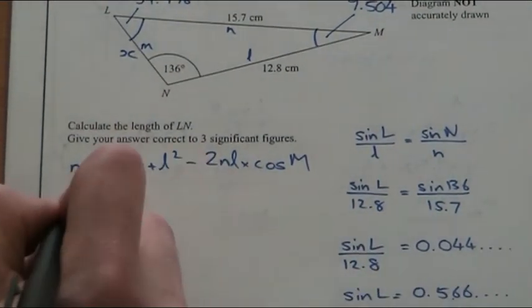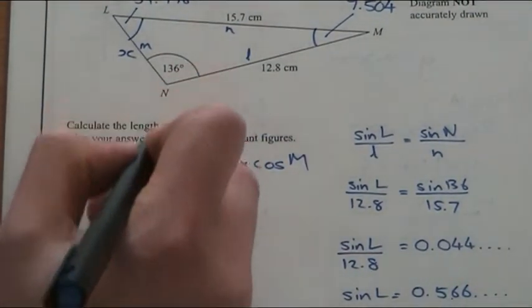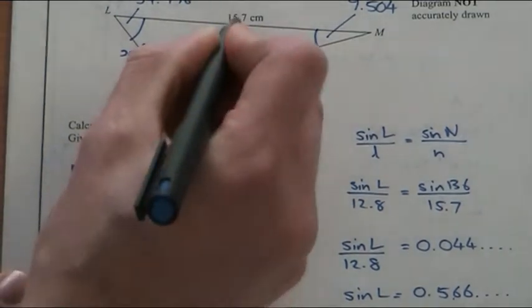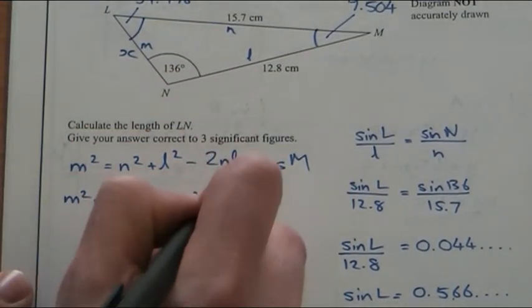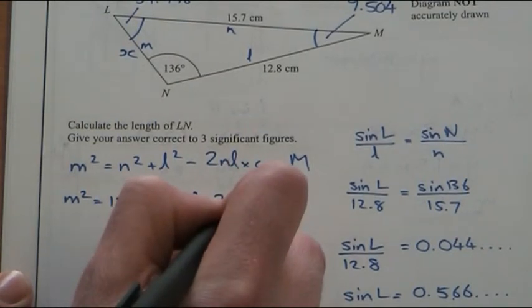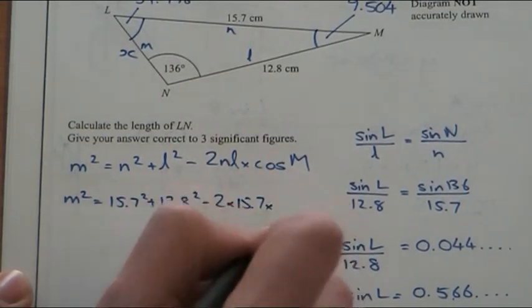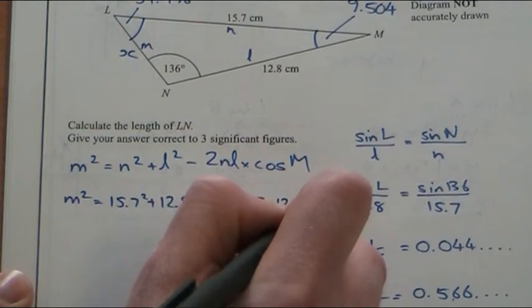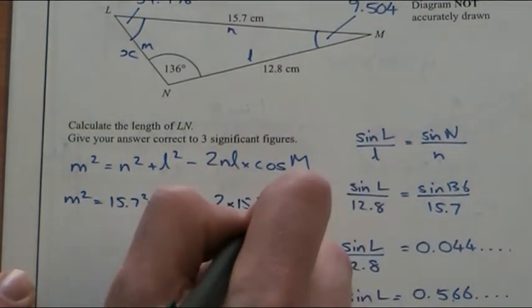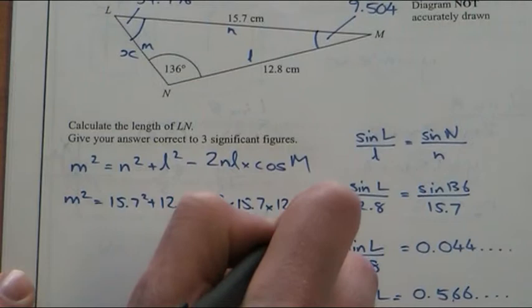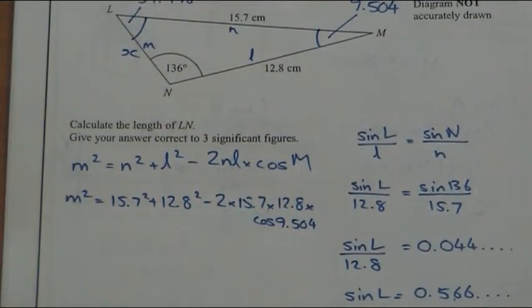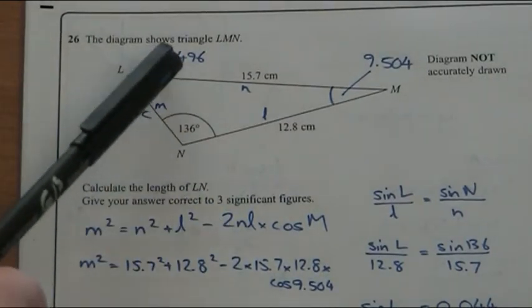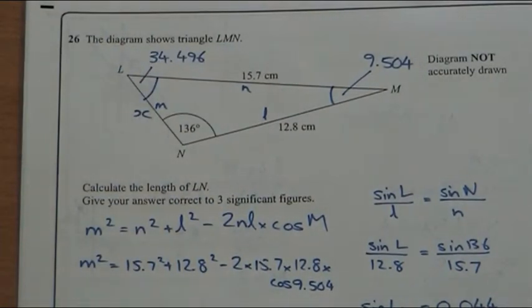So m squared equals 15.7 squared plus 12.8 squared minus 2 times 15.7 times 12.8. I'm going to have to write this underneath, sorry, times cos of 9.504. Although I wrote it rounded, I haven't ever done that on my calculator yet.